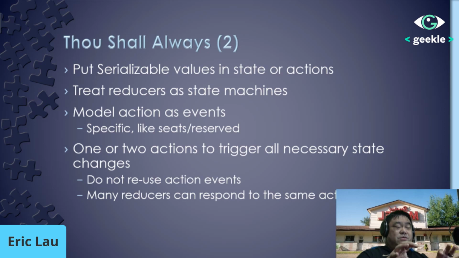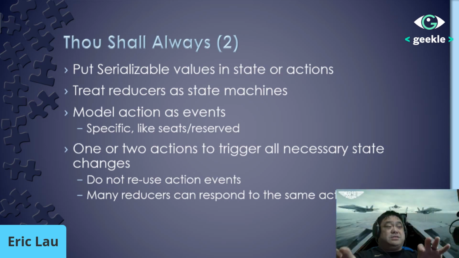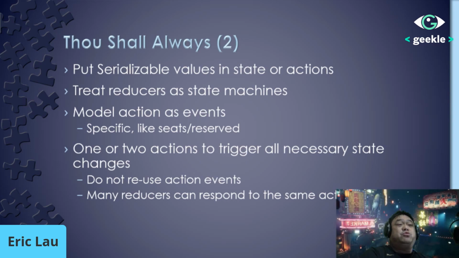When you see the action that comes up in the Redux dev tools, you want the action type name alone to be a description of where the user was and what that user was trying to do, right? And a lot of times it's okay to have a lot of different actions because many reducers can respond to the same action, and it's perfectly okay for multiple actions to be responded to in the same way by a single reducer. That's perfectly fine too.